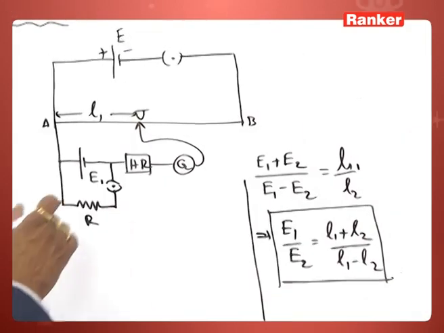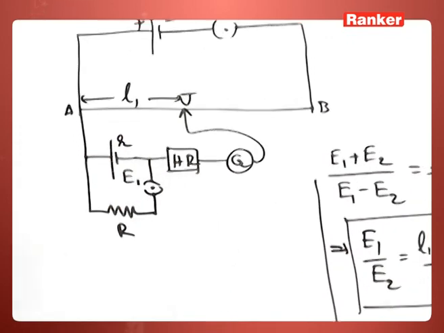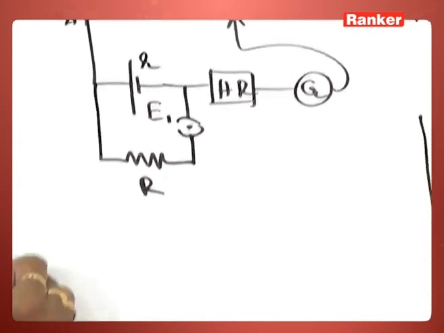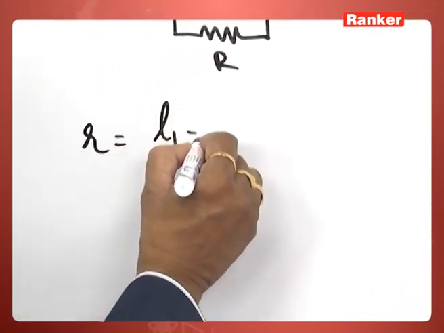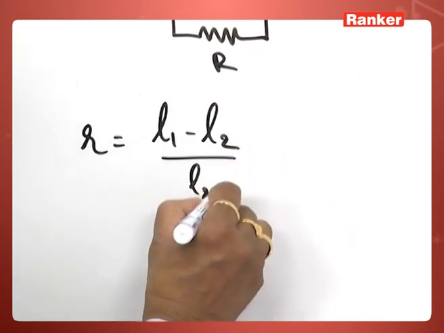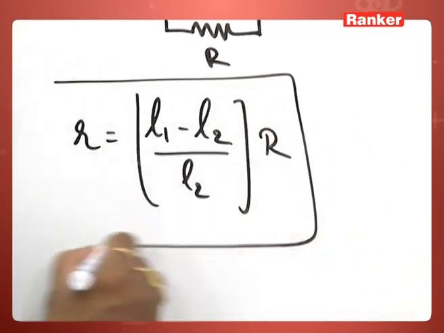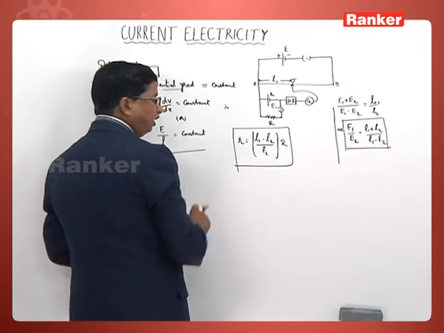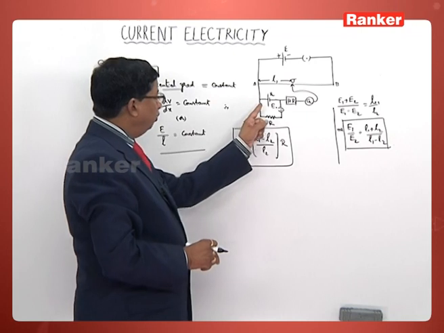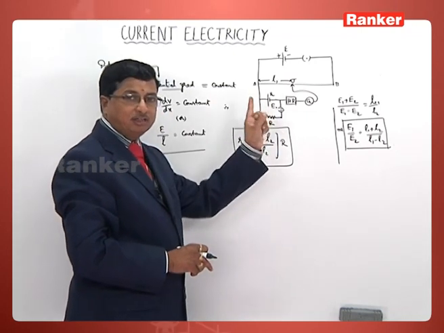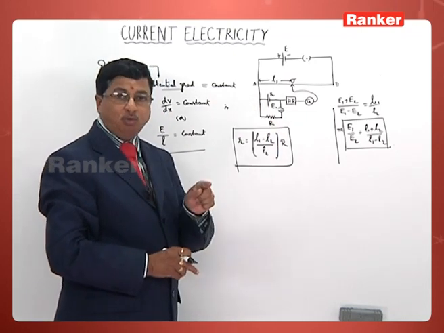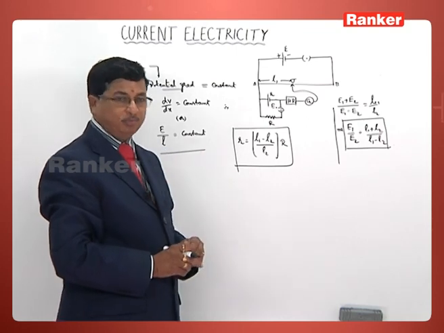Then what is the internal resistance of this cell? That is the question. r is equal to (L1 minus L2) by L2 into R. What is this formula? You just check it. L1 is the balancing length when only the cell is connected in the secondary circuit without the external resistor.